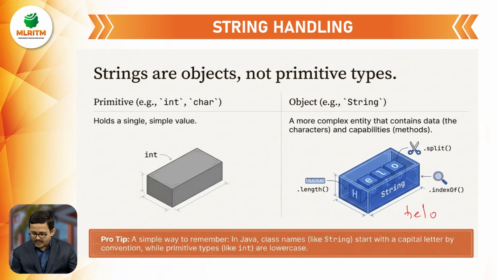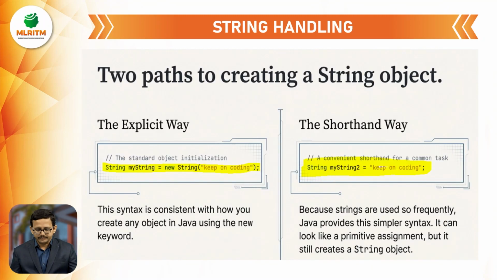In this we can find the length of the characters present in the string, find the index, and even split the string. All these things are possible only because a string is considered an object, not a primitive data type or a continuous sequence of characters.